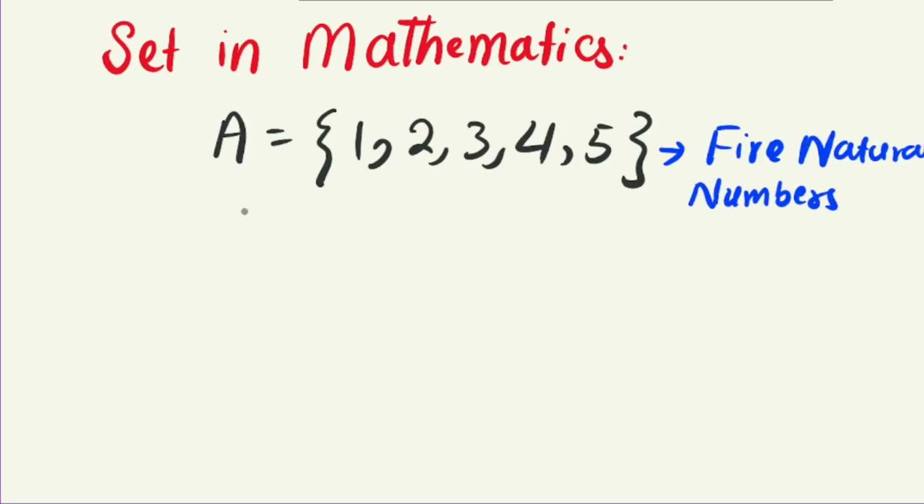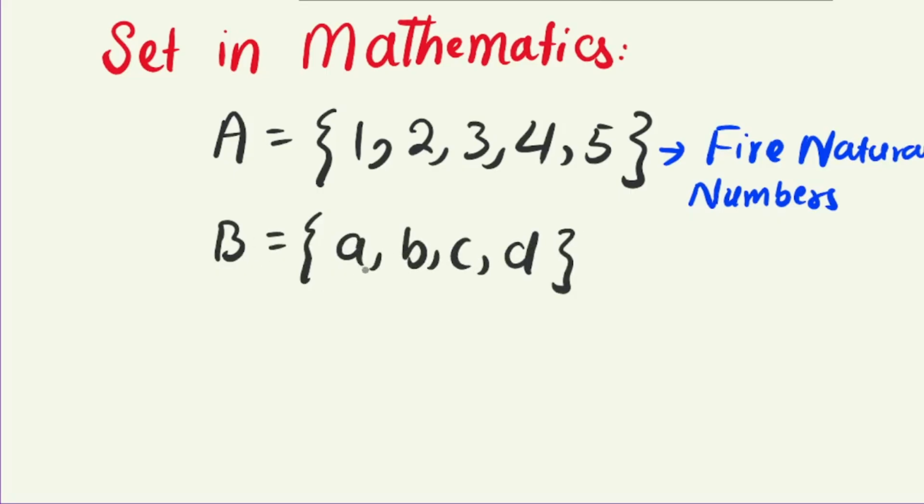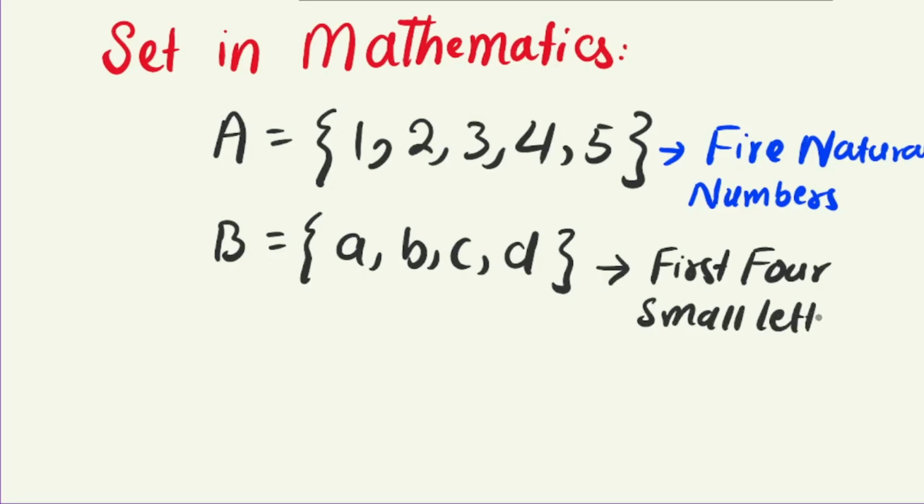Now let me have another set B which contains the elements a, b, c and d. This is the set of first 4 small letters of the alphabet.